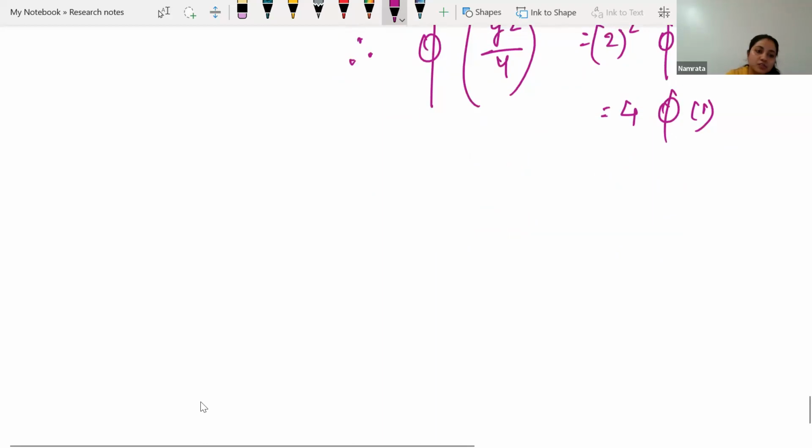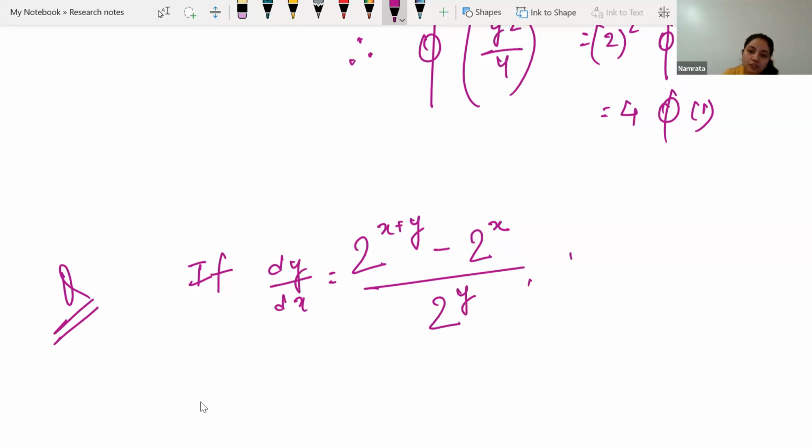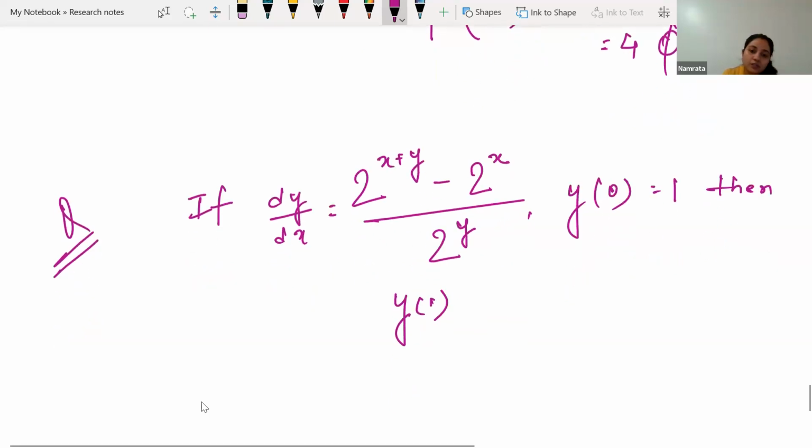One of the questions, I believe this type of question you have done. If dy by dx is equal to 2 to the power x plus y minus 2 to the power x over 2 to the power y, y of 0 is equal to 1, then y of 1 is equal to?